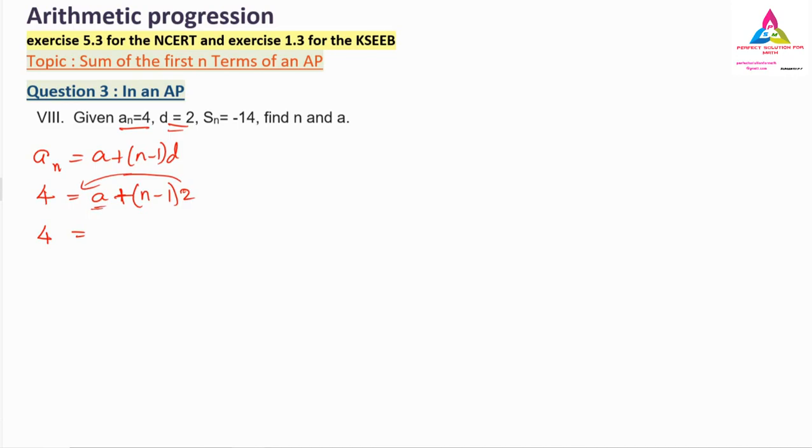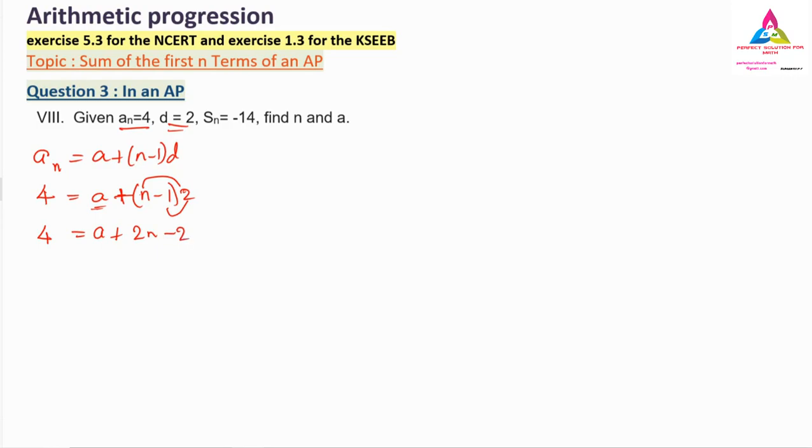For the present we can't shift anything to the other side, so we will keep it as it is. Later we will find the a value. So 2 into n is nothing but 2n. This 2 we have to multiply for both the n and the minus 1. So 2 into n is 2n, minus 2 into 1 is 2. So this is the thing.